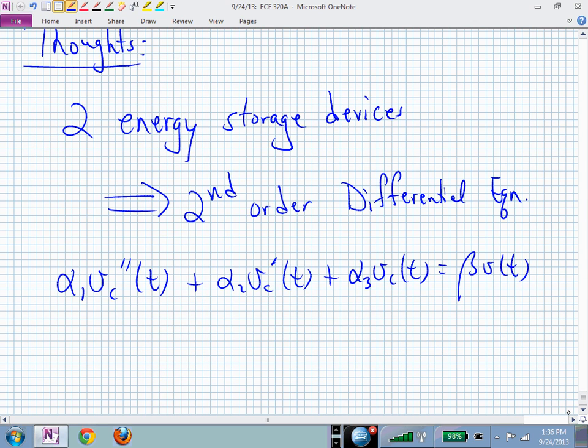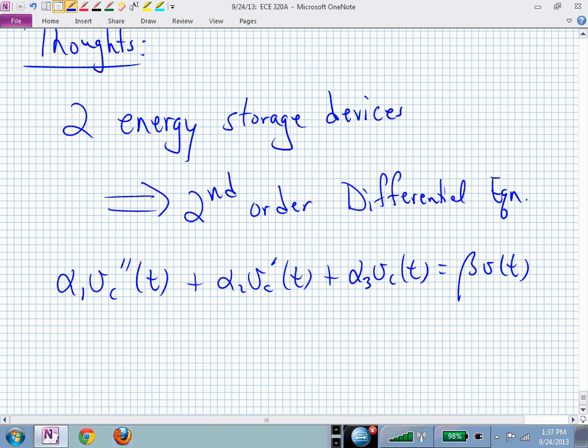Now, how do we go about getting something like that from that circuit? Or now you could say, okay, it's a second order. This is what it's going to look like generically. I can't seem to derive everything, so I'm going to put some alphas in play and a beta in play and just go from there.